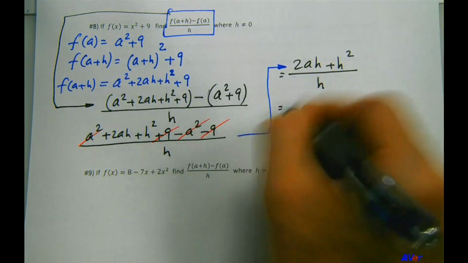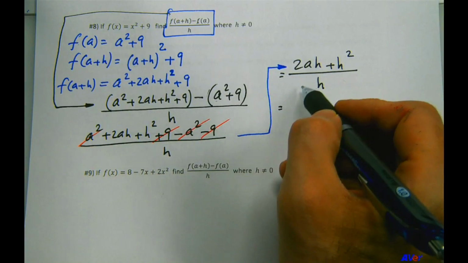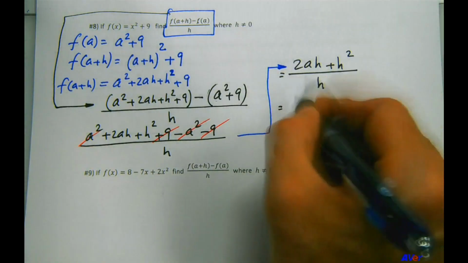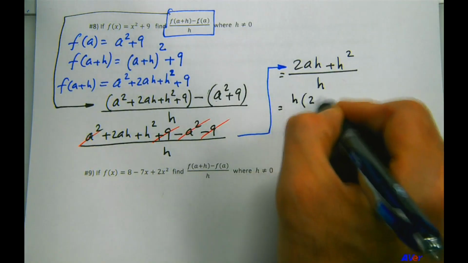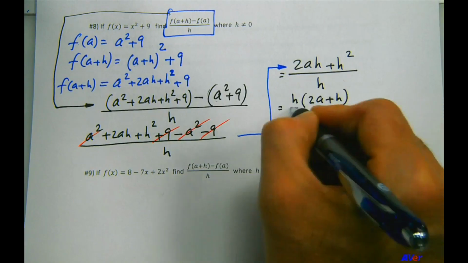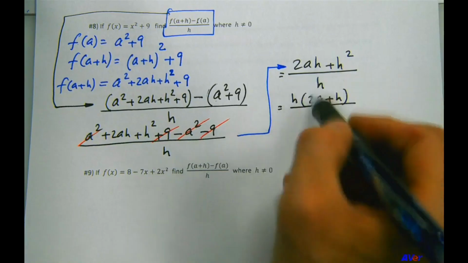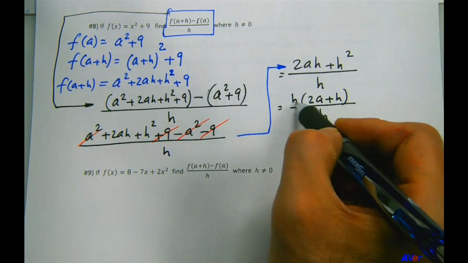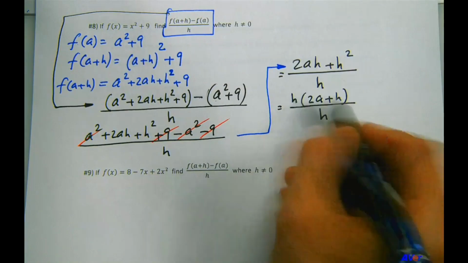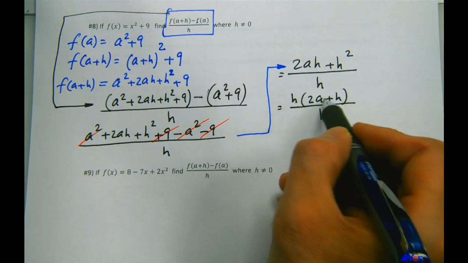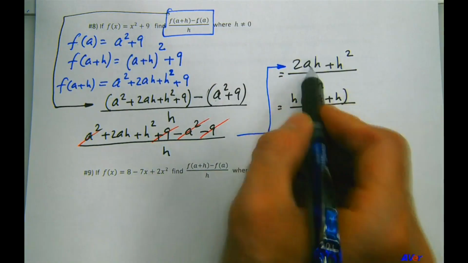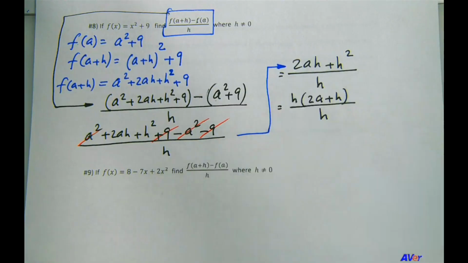Okay, then can we simplify this? Absolutely. Factor out h. So h times (2a plus h) divided by h. I hope you see clearly how I factored the numerator, because if you distribute the h back into this parentheses, you're going to get what we started with. And that's the idea behind factoring. It's the opposite of the distributive property.